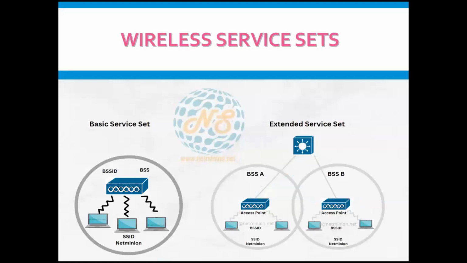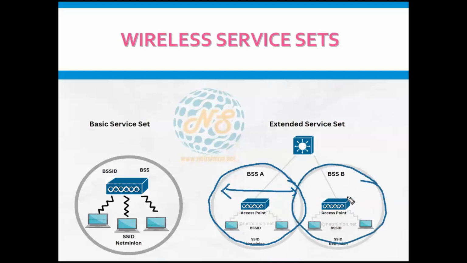Right. So you have SSID NetMinion and SSID guest, and different clients. Let me tell you, an access point has its own limitation. This access point can provide a range up to a level. Let us say after this level, our sitting area is exceeding, then what? We have to provision another access point.